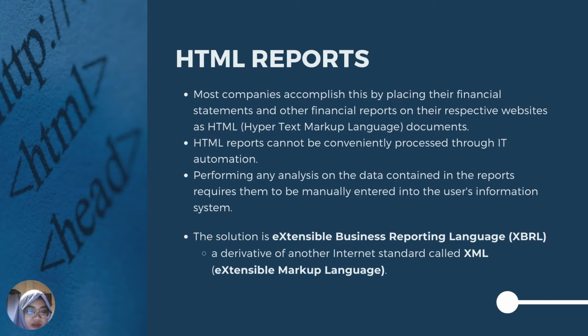The objective of XBRL is to facilitate the publication, exchange, and processing of financial and business information. XBRL is a derivative of another internet standard called XML or the Extensible Markup Language.